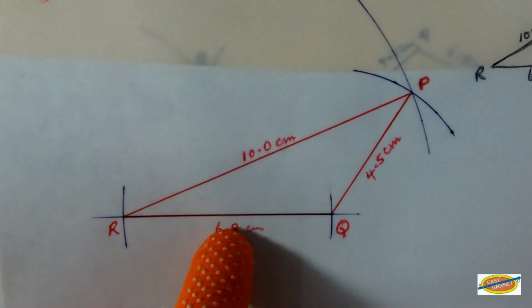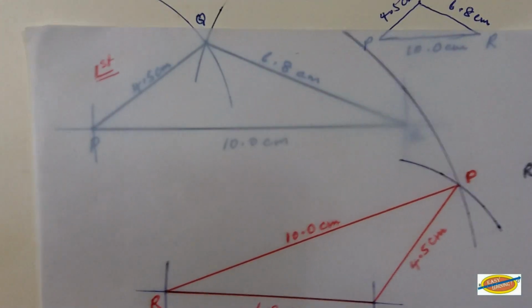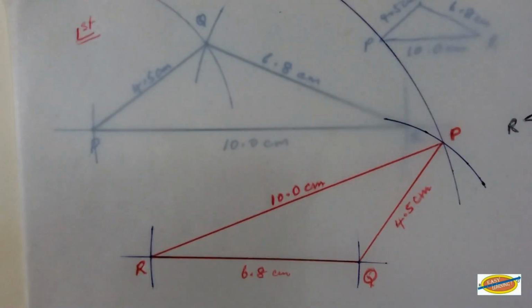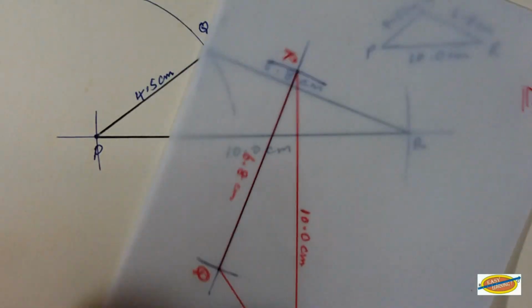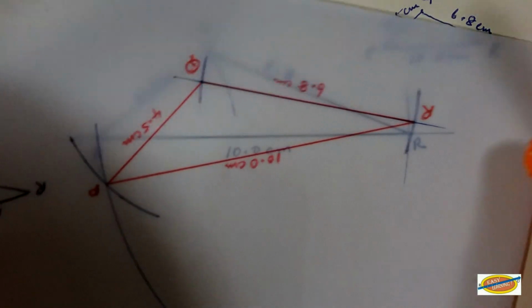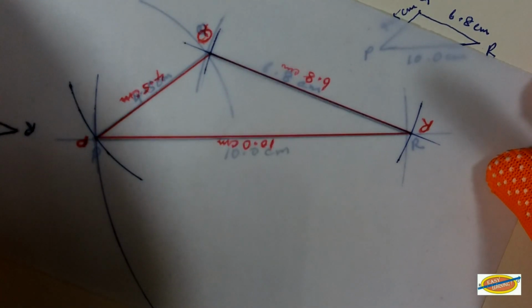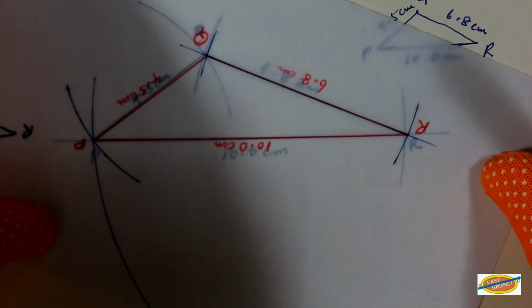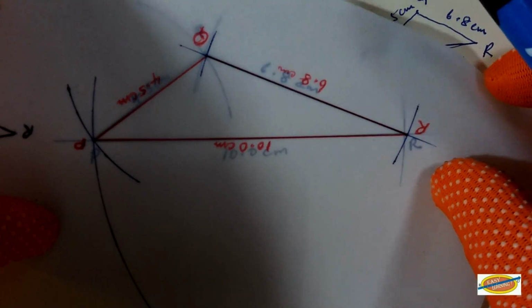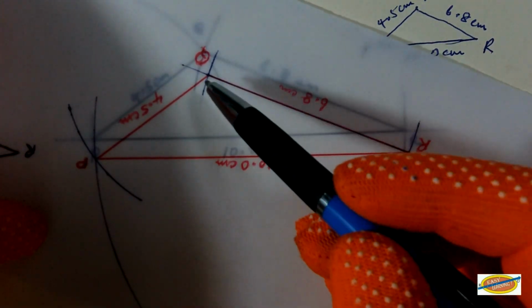Now this is the same triangle as that. So if I turn this paper around like this, you can clearly see where the two triangles match in terms of sides and in terms of label.